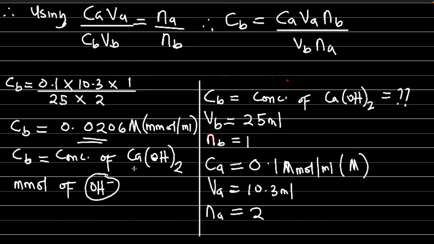The concentration of calcium hydroxide here was 0.0206. So if they're asking you to solve for that at equilibrium, once you've gotten the concentration of calcium hydroxide, this is what we're going to do.